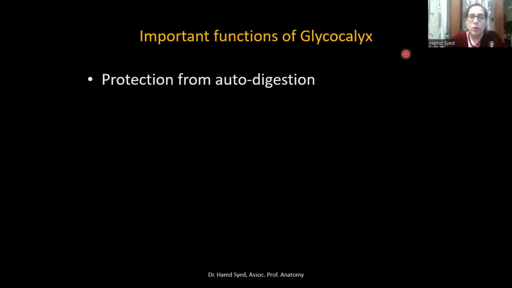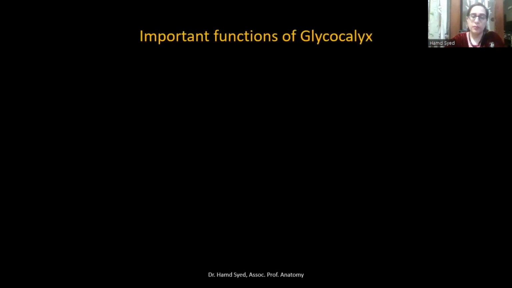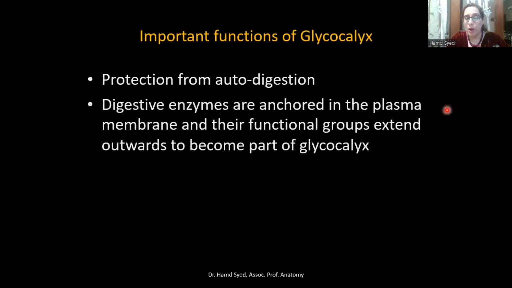Now, when we talk about the functions of the glycocalyx, it has a few important functions. First of all, the glycocalyx is the layer which protects the internal lining of the small intestine from autodigestion by the enzymes.